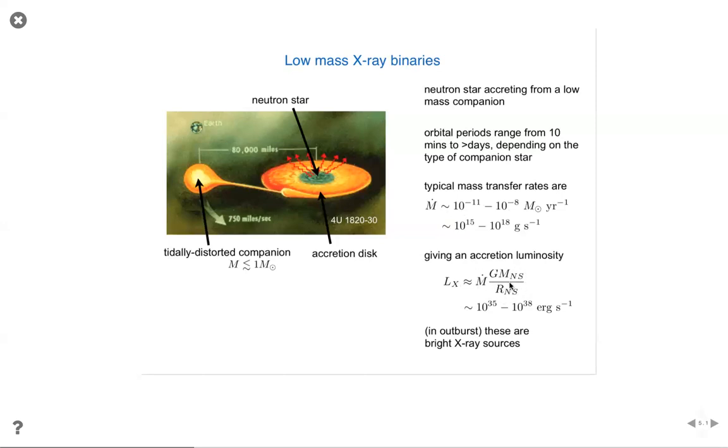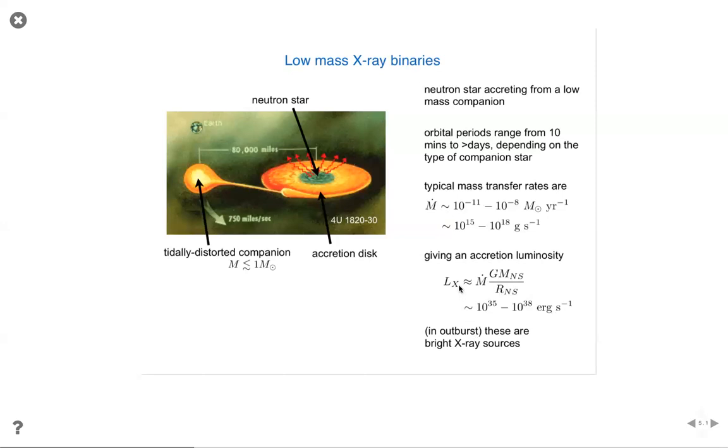Of course, this gives the change of the gravitational potential energy as a result of accretion, which is responsible for the luminosity during the accretion phase. The characteristic accretion luminosity L_x is 10 to the 35 to 10 to the 38 erg per second.